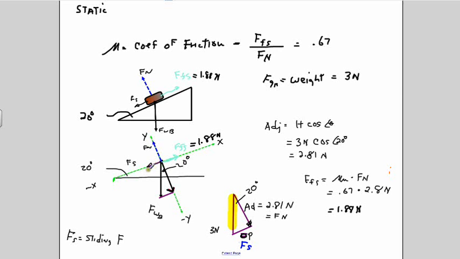If we got 1.88, I wonder what the force sliding is. Let's find out what the force sliding is, and we can do that by finding the opposite. The opposite is equal to h times the sine of 20 degrees, which is equal to 3 newtons times the sine of 20.